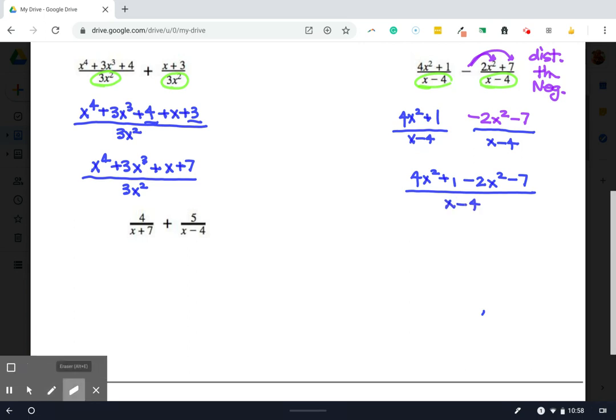Like so. And then in that one fraction, we've got some like terms here. We've got 2 terms with x squareds and 2 constant terms for a total of 2x squared minus 6 over x minus 4. Okay, so that one had that extra wrinkle of having to distribute the negative, but we were able to manage it and we did just fine.